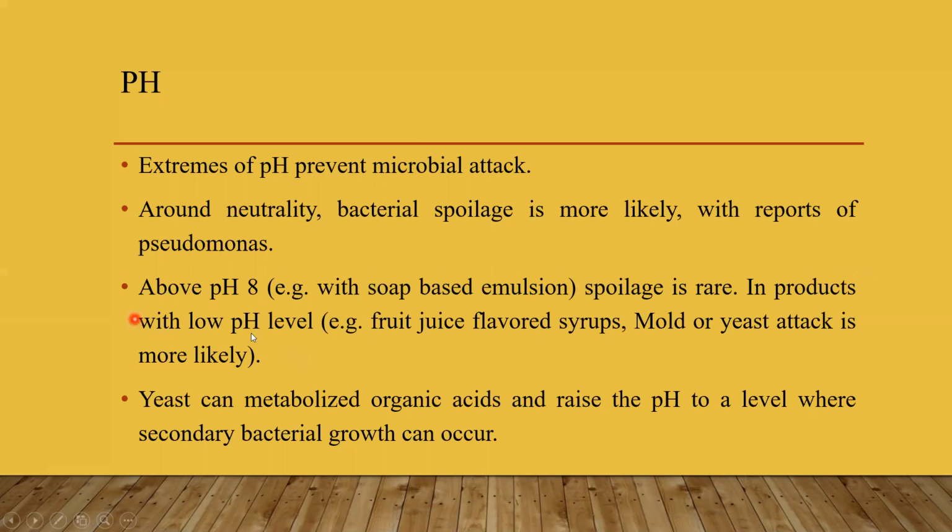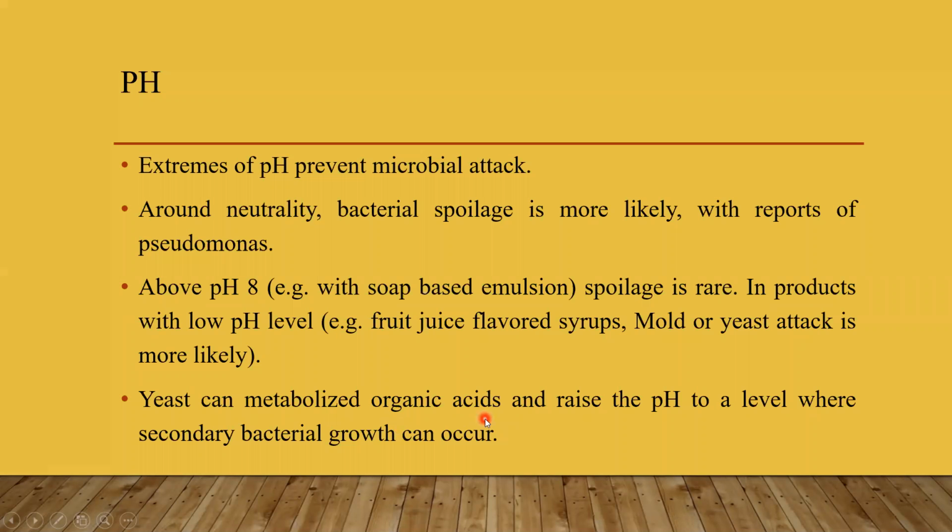In products with low pH levels, as for example fruit juice and flavored syrup, mold or yeast attack is more likely. If fruit juices available in the market have a low pH, they are mostly attacked by mold and yeast.